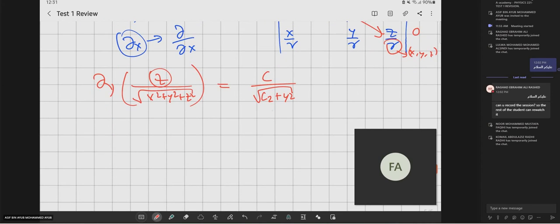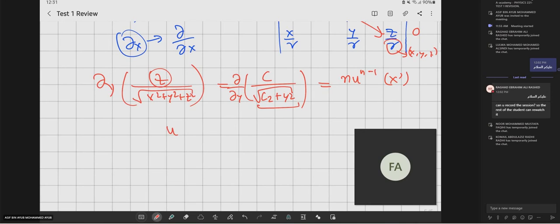How would you usually take the derivative? If this was a one variable function, you'd just take n x raised to n minus 1 times x prime.